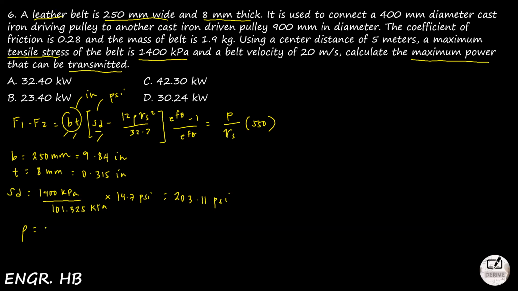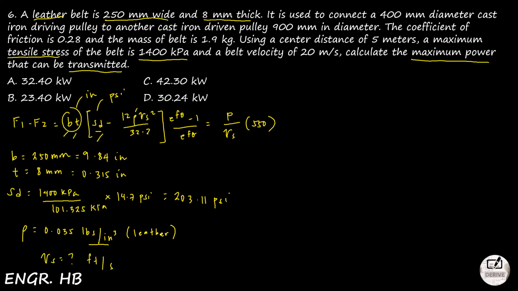So use 0.035 pounds per cubic inch for leather, as I said earlier. So the units are now correct, pounds per cubic inch. And of course, velocity in feet per second. We need to find that first.